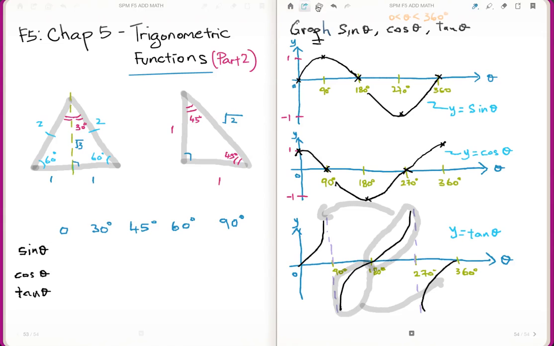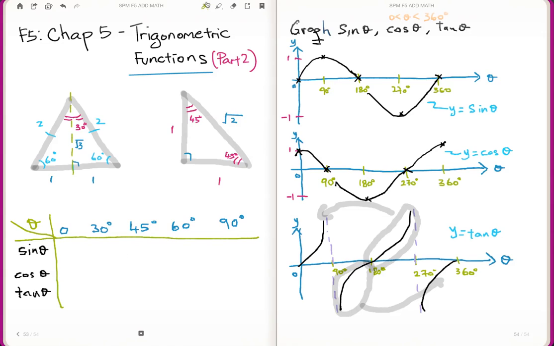Those values, you'll easily be able to get out from the table and also from the graph. From this table, maybe here is my theta.